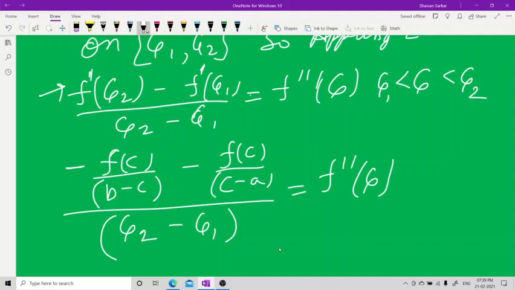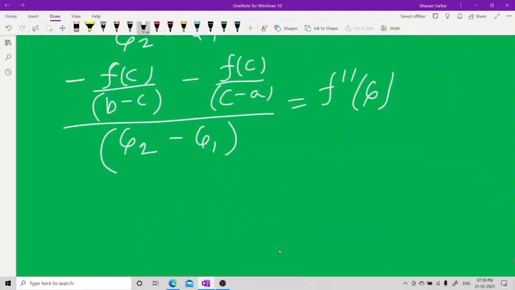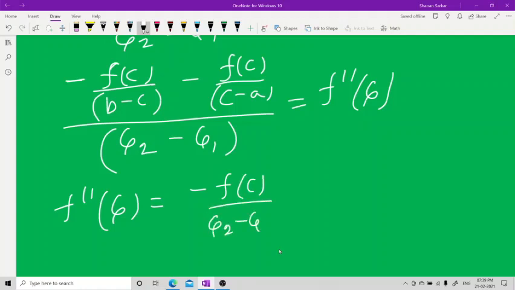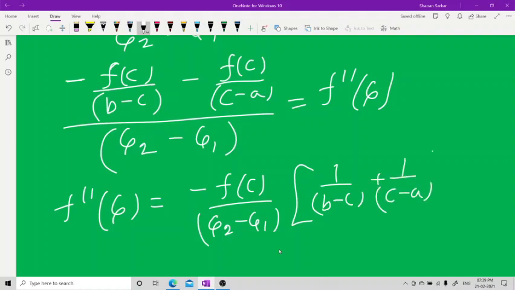Now take minus fc common. So f double dash zeta is minus fc upon zeta 2 minus zeta 1, and in the bracket you can write 1 upon b minus c plus 1 upon c minus a. Now take the LCM.